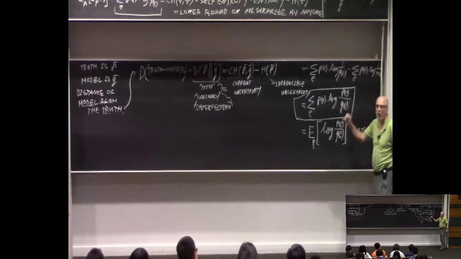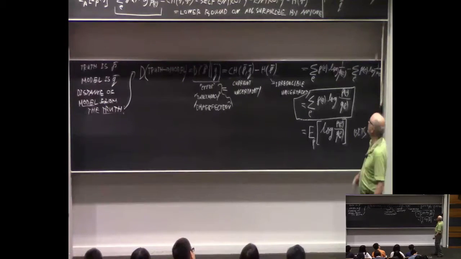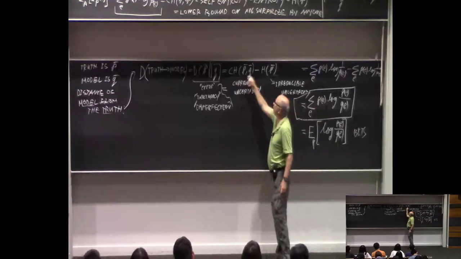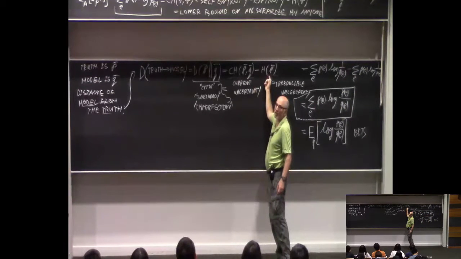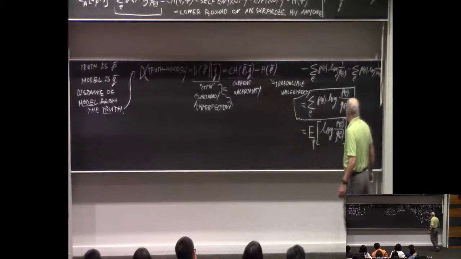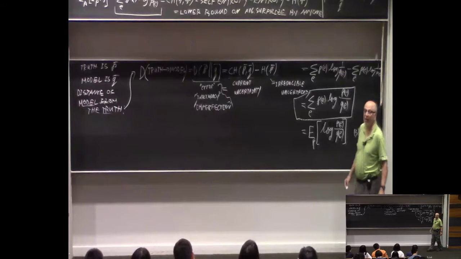In fact, it's the only time when it would be 0. If you remember our fundamental equation over there, this must be greater than this if there's even the slightest difference between P and Q on anything. So this is greater or equal to 0.